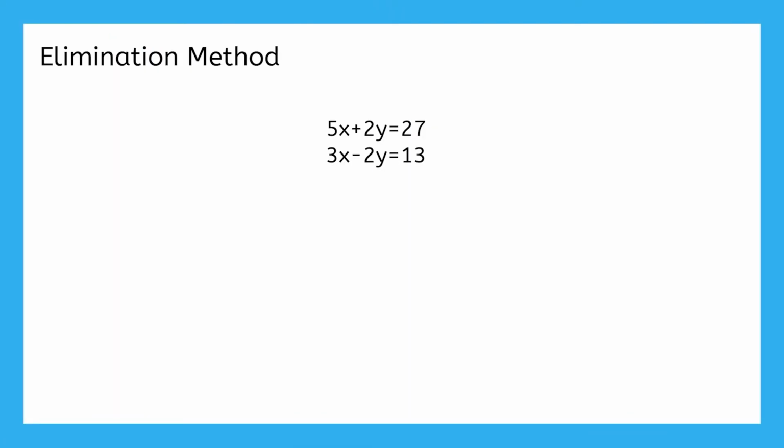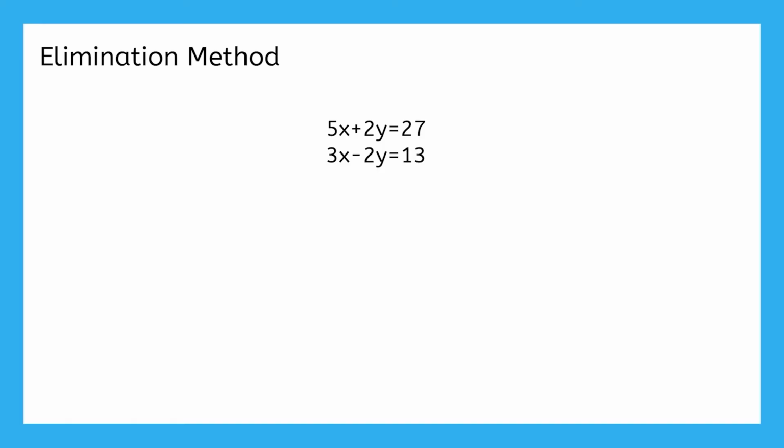Let's work with this system. First of all, how do we know this system is ready to use elimination? Yeah, similar parts of the equations are in the same order. The x terms are first, then the y terms, then the equal signs, and finally the constants. The matching terms and parts of the equations are lined up in the same order, and we also have opposite coefficients in front of one of our variables.